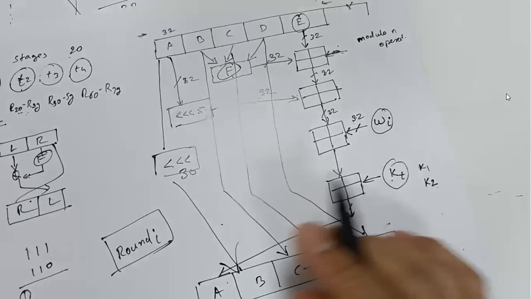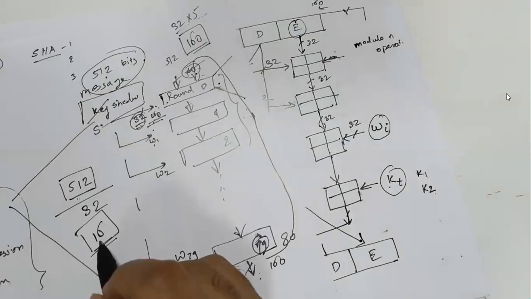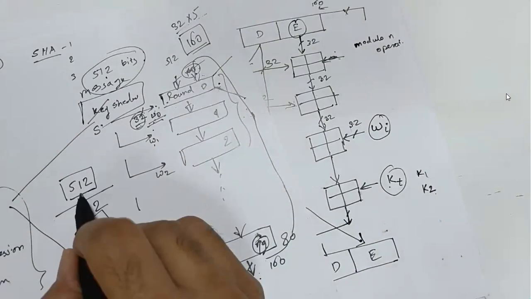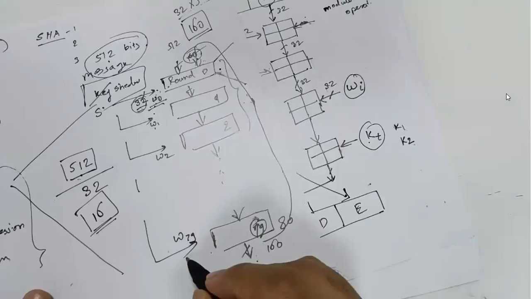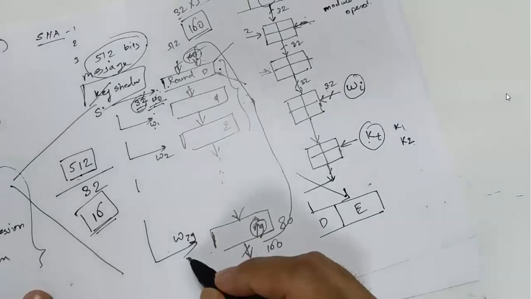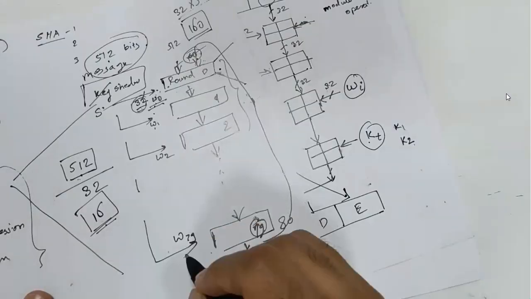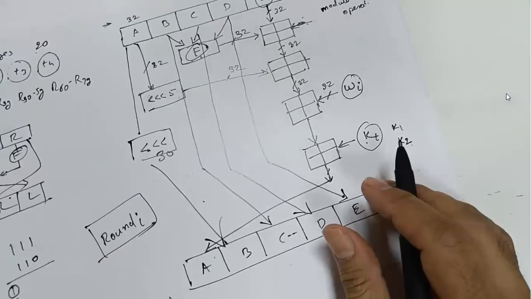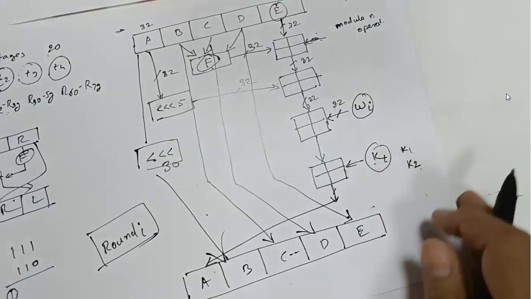I have given you the hint that only 16 words you can provide from 512 bits. And how many such words do you have to provide? 80 words. You have only 16 words. How to prepare these words? These are the two questions that need to be answered. And what is this Kt? So let us check out that part.